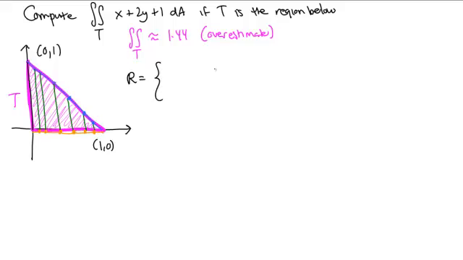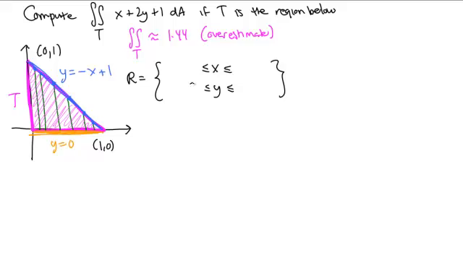That means we can describe it as x going between two numbers and y going between two functions of x. So let's see if we can figure out what these are. This top curve right here is a line of slope -1 and a y-intercept of 1. So this is y equals negative x plus 1. The bottom is the horizontal line that forms the x-axis, and so that would be the equation y equals 0.